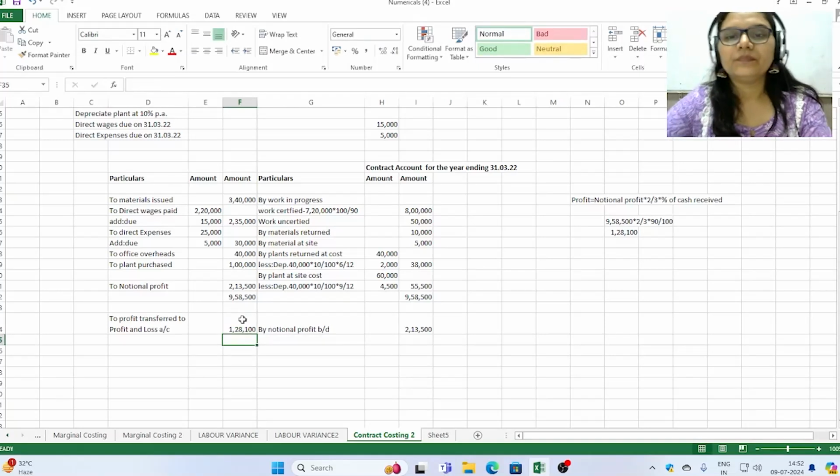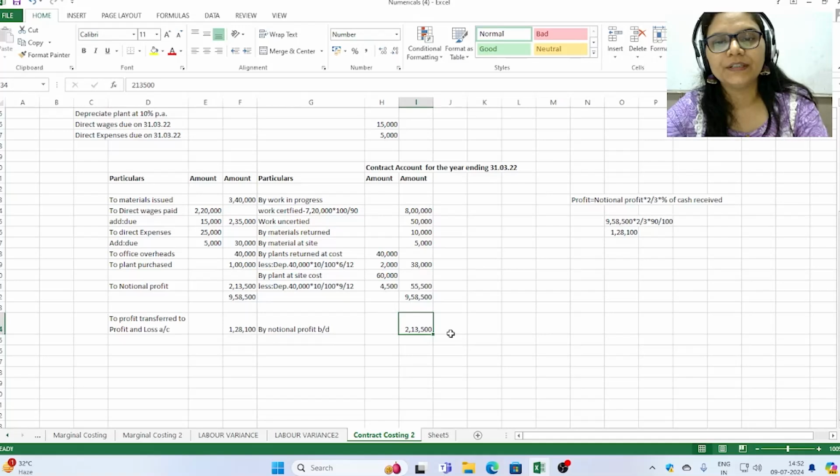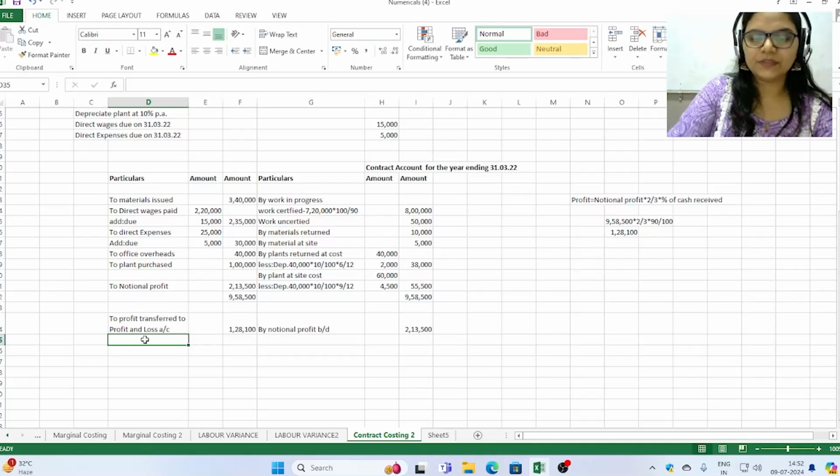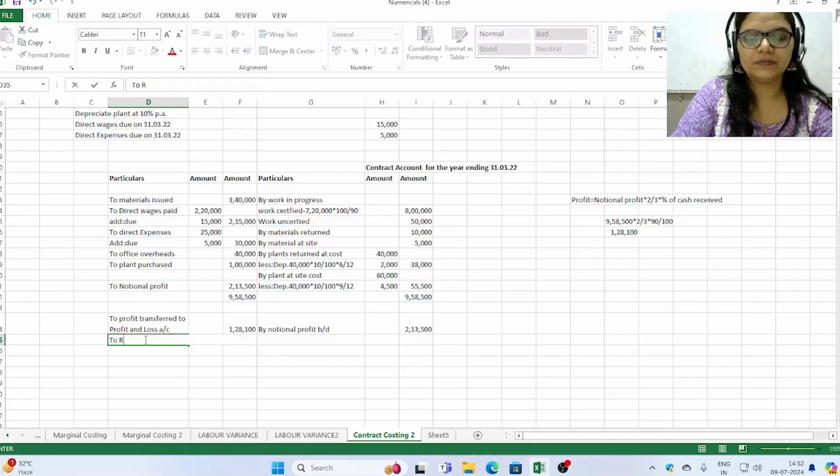Now, from notional profit, we have calculated 1,28,100. From notional profit, we will deduct this figure. This is your profit transferred, and the remaining amount will be transferred to reserve.